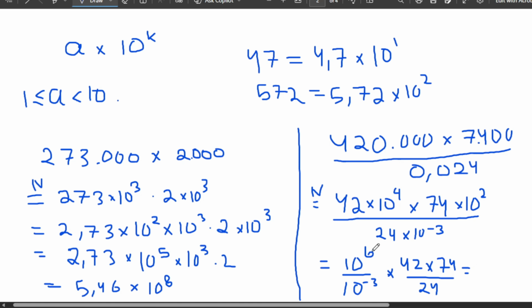So 10 to the power of 6 times 10 to the power of positive 3 will be 10 to the power of 9, times 42 times 74 over 24. Let's use the calculator for this one. That would be 129.5. So the answer is 129.5 times 10 to the power of 9.